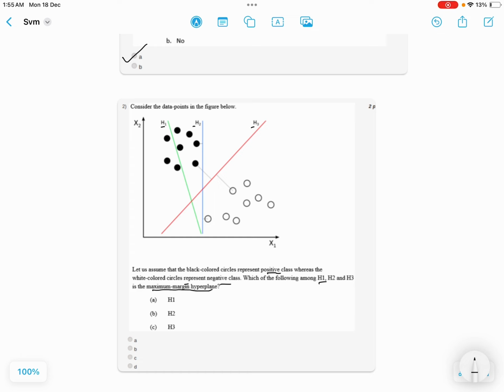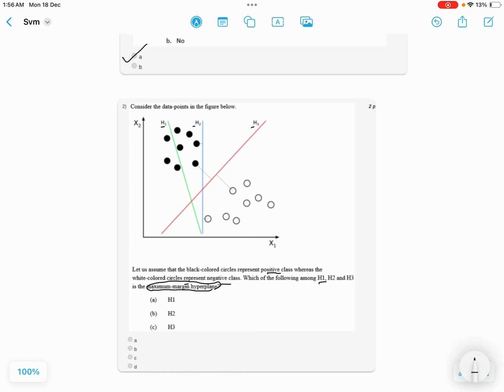First of all, you have to know what a maximum margin hyperplane is. Out of h1, h2, h3, I have to see which one is the maximum margin hyperplane. The margin between the two classes should be maximum.